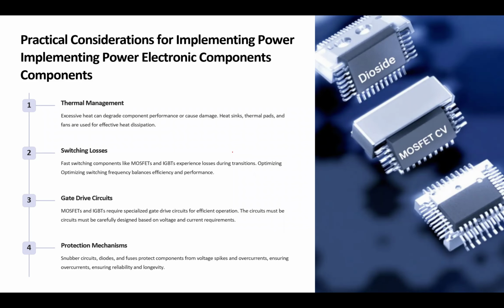Because MOSFET and IGBT need an input signal to the gate for control, that means we have to have another circuit that could generate that signal based on our desired performance.